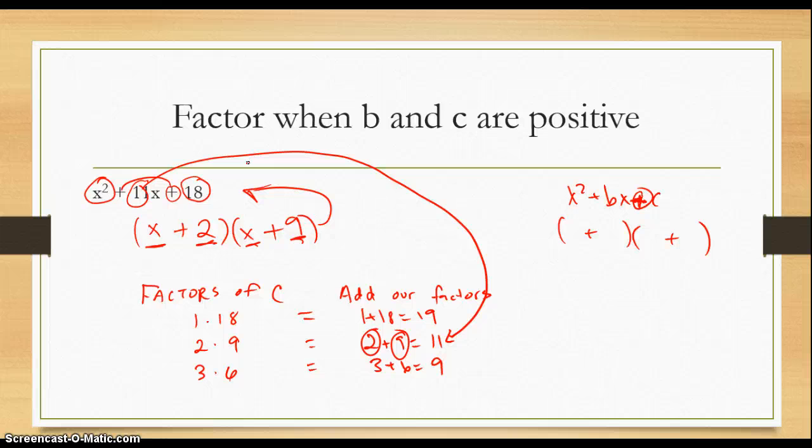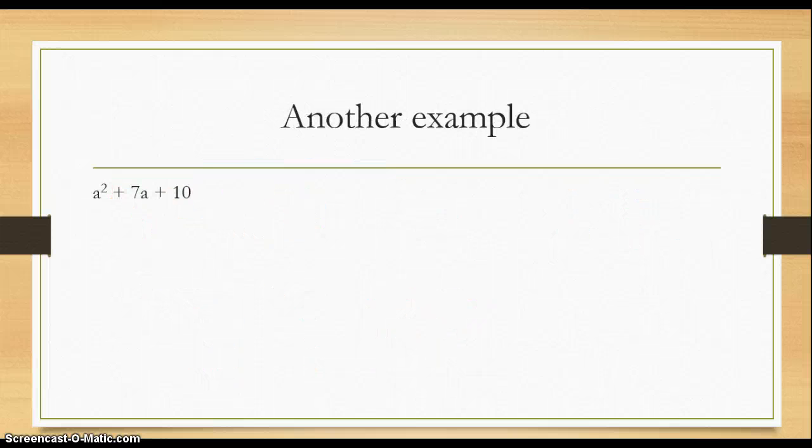Okay, so let's look at another one here. So a squared plus 7a plus 10. So first thing I always do is I create my parentheses. I notice that c is a plus, so I'm going to follow the first sign, which is plus plus. I'm going to see in the front part of my parentheses is what's made up in the front, which is a times a.